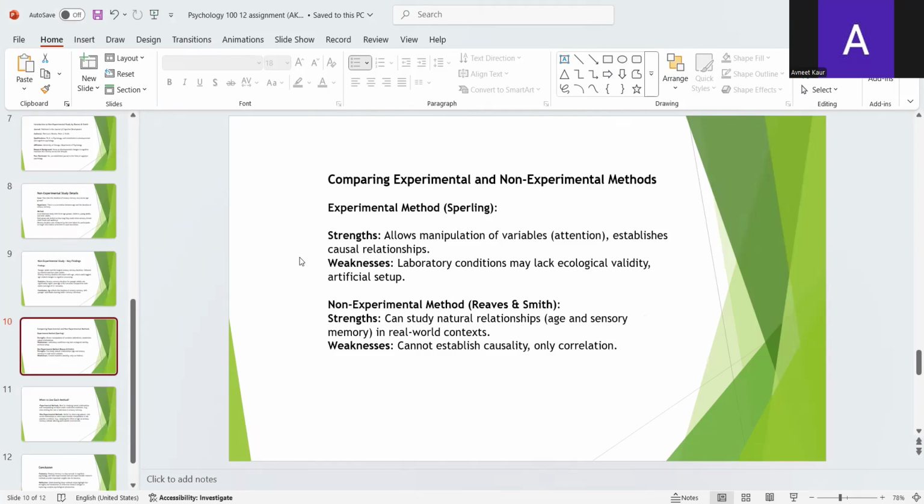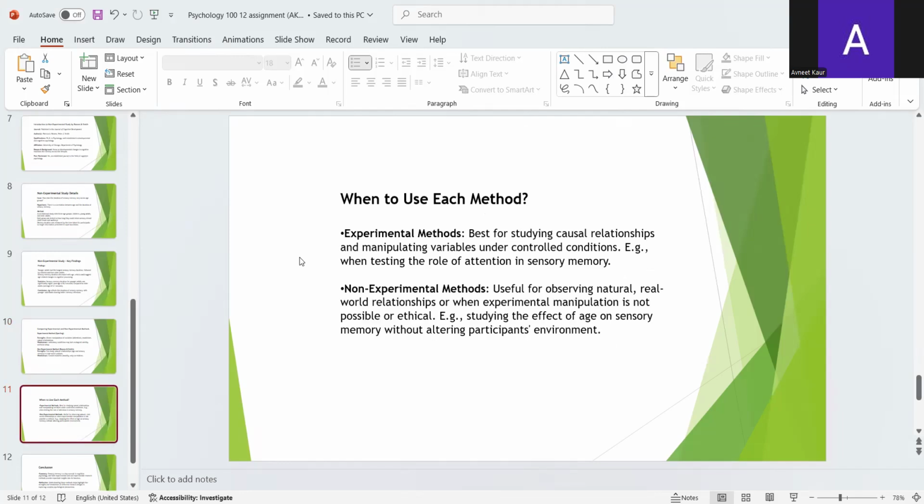The strength of the non-experimental method is that it can study natural relationships, such as age and sensory memory, in real world contexts. The weakness of the non-experimental method is that it cannot establish causality, only correlation.